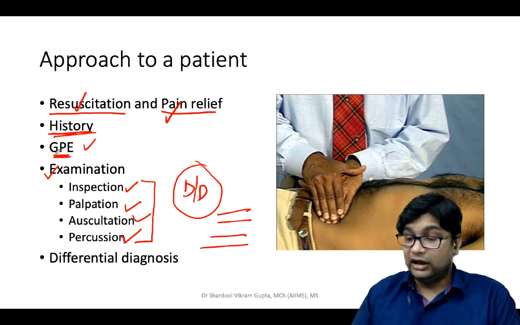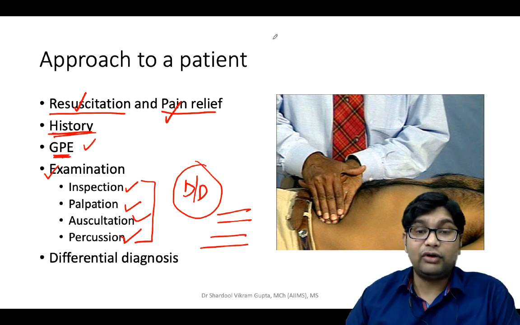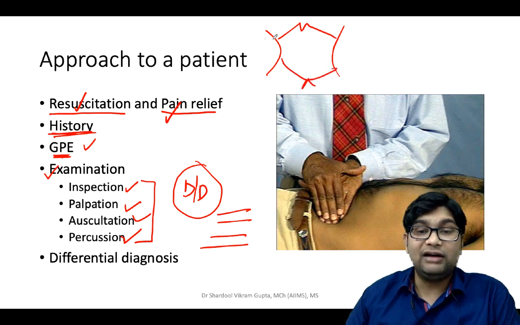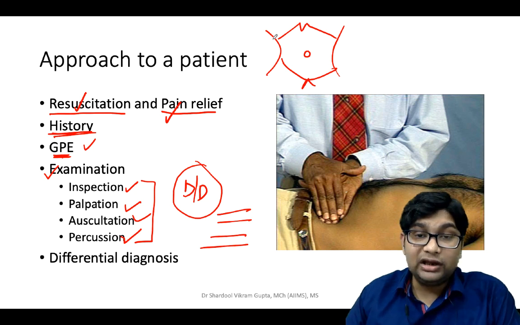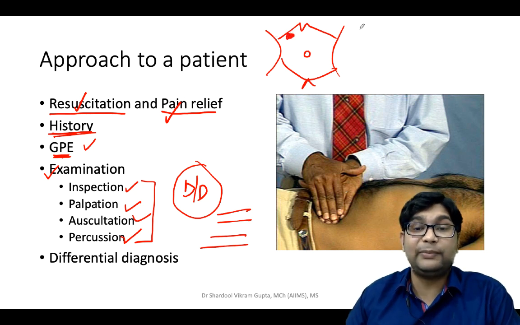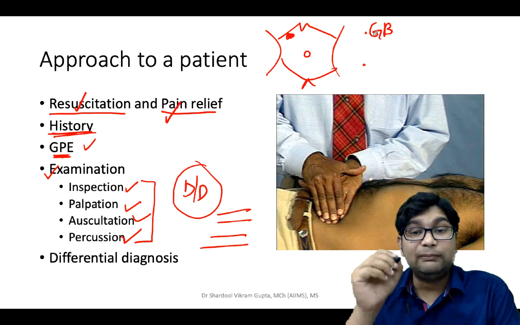It's like investigating a crime scene. So what does a crime scene investigator do? He says that everyone present at the crime scene is a suspect. So suppose a right hypochondriac pain, everyone is a suspect. Gallbladder, liver, hepatic flexure, everyone is a suspect until proven otherwise.